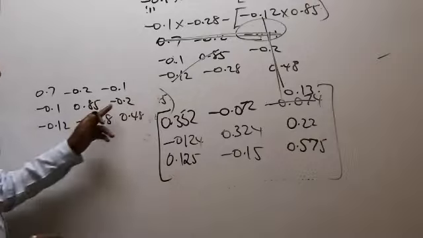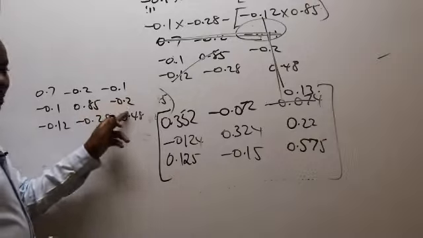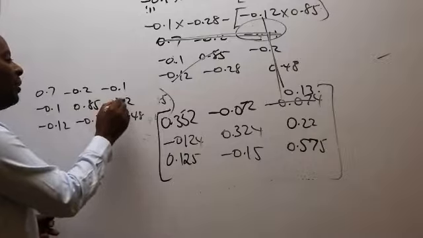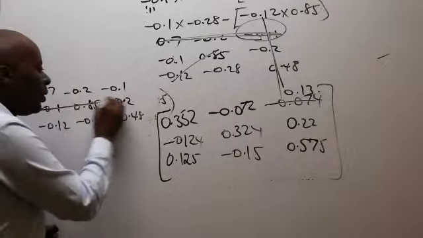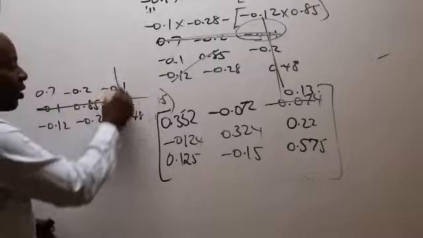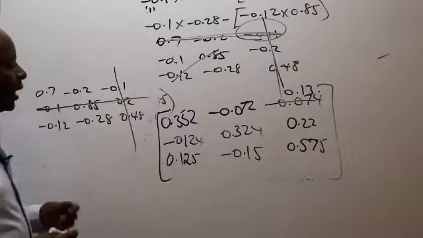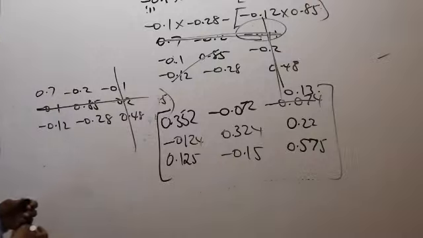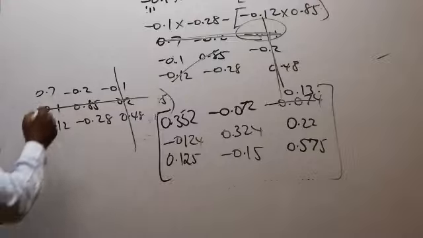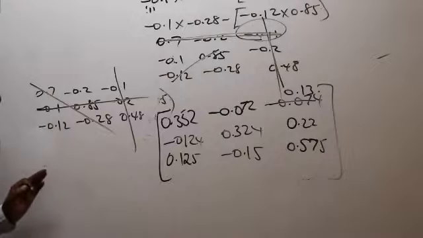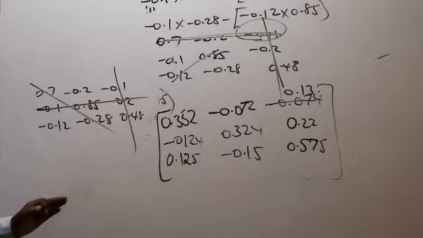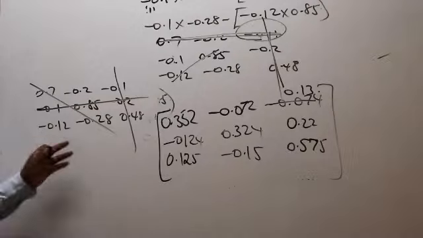So I would want to test this minus 6. I hide the row and the column like that, and then I'll be left with the uncovered submatrix.